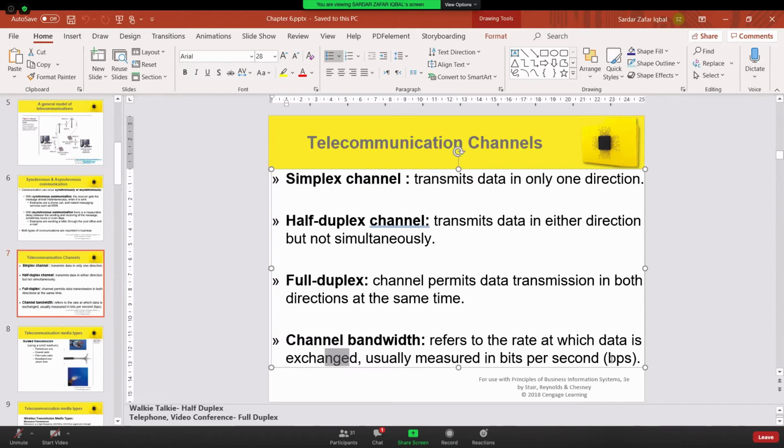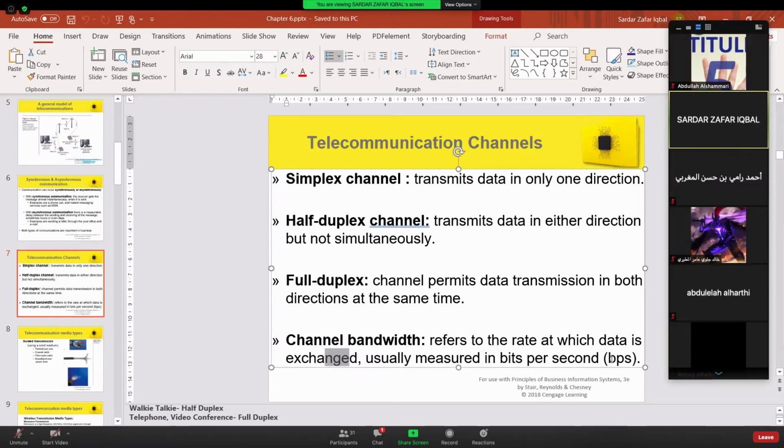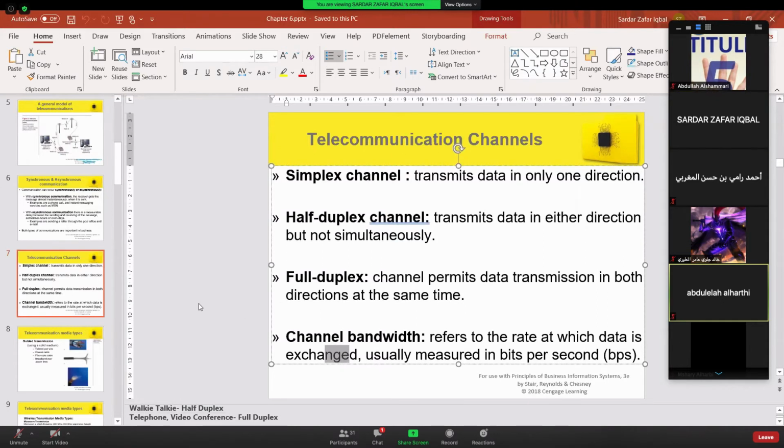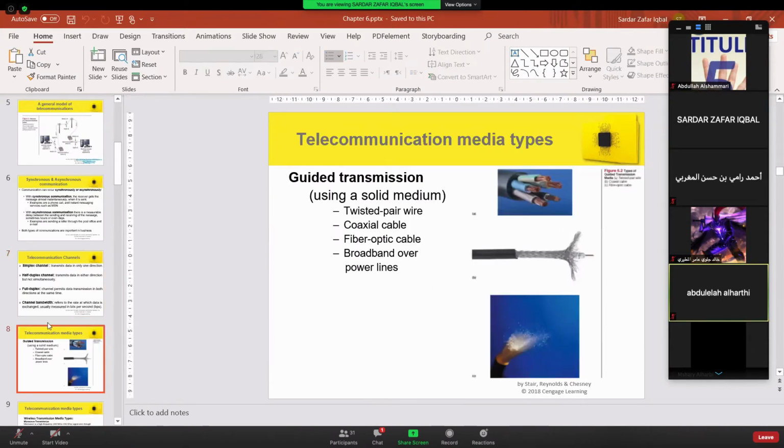Okay? Did you get this point, guys? Like 100 Mbps. How many bits are you transmitting in 1 second? Get it? Okay.